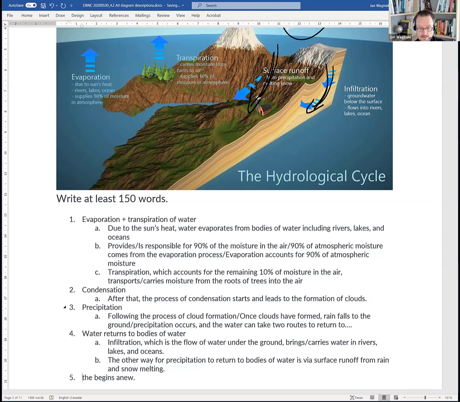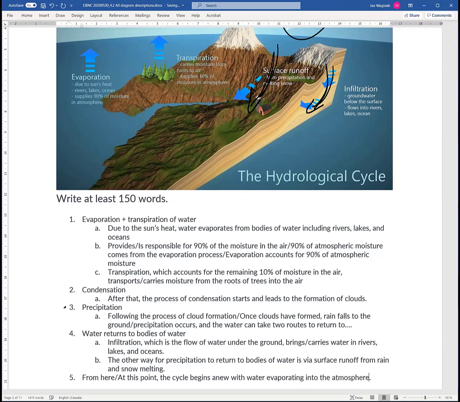You'd say from here, or at this point, the cycle begins anew. How? With water evaporating into the atmosphere.